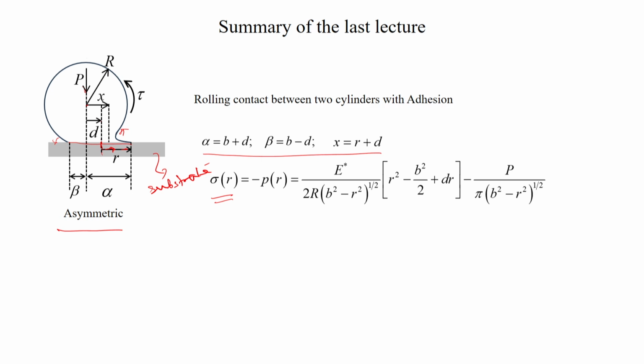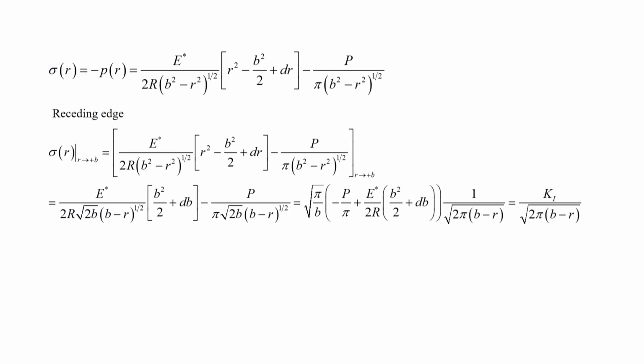Now, we also determined what will be the normal stress at the receding angle. Receding angle means here, at r tending to plus b, we derived this expression, and this can be written as something like this. We derived this quantity by writing this sigma r in this particular form, with the square root of b plus r into b minus r, as we have shown in the last lecture.